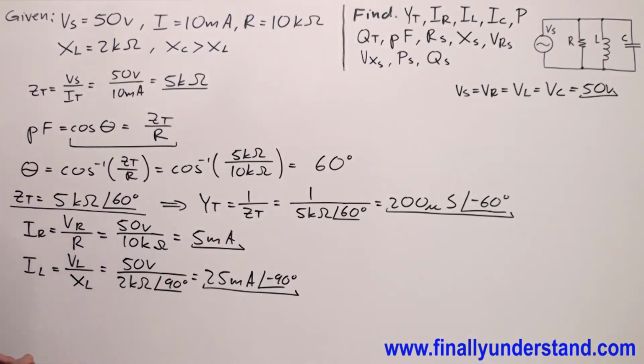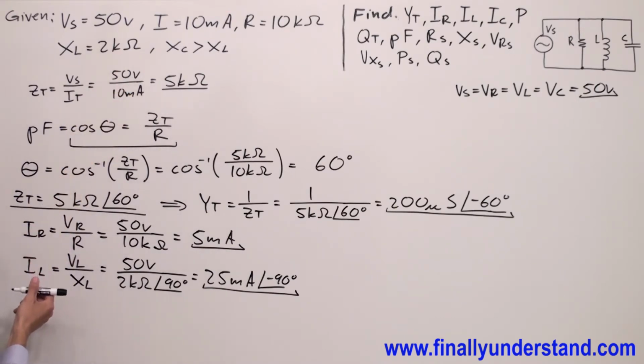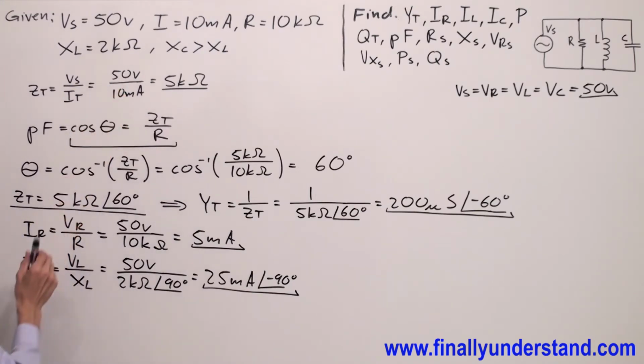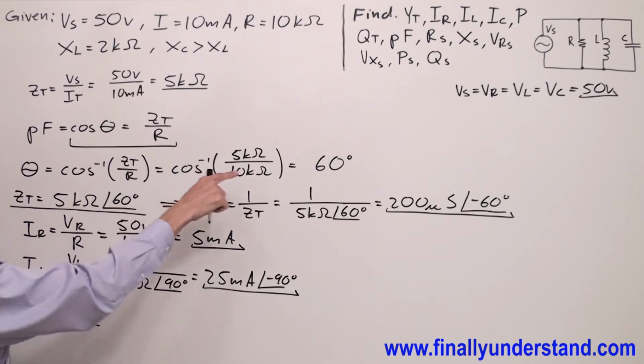Next, we have I total given, right? So what we're supposed to find for this I total, we're supposed to find the angle. You're supposed to realize that I total is nothing else, just voltage source over Z total. Okay? Where voltage source, we prefer to have angle of 0 degrees, and we found that Z total has angle 60 degrees.